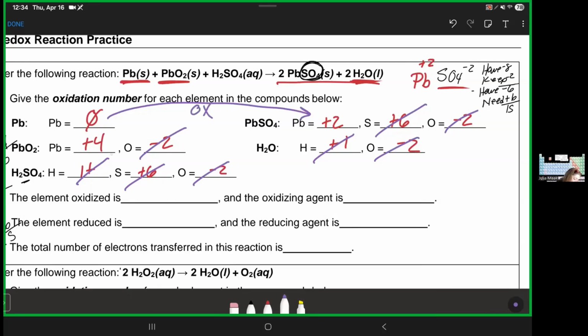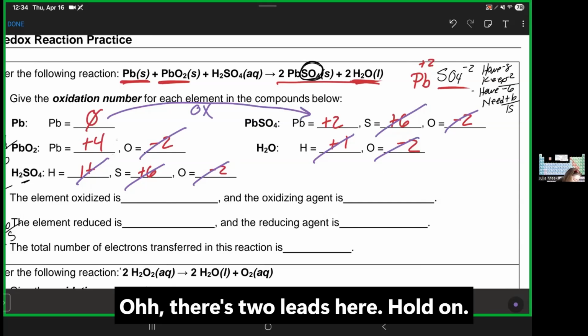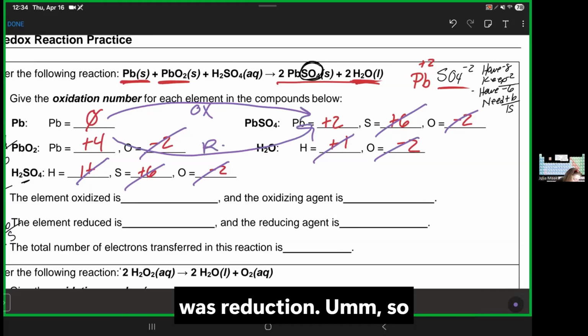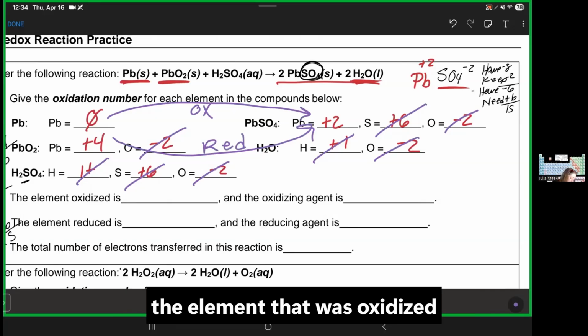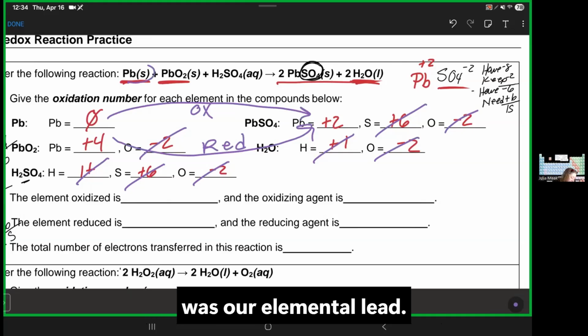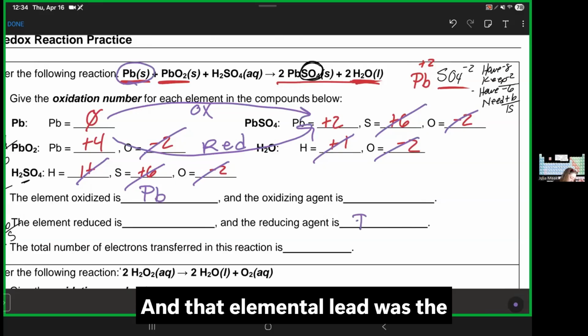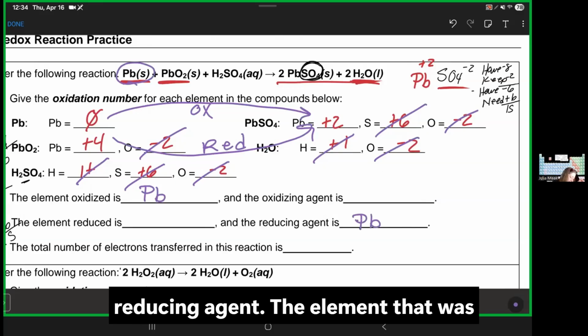Okay, so lead got more positive. Oxidation. There's 2 leads here. Hold on. So this lead got more negative. That was reduction. So the element that was oxidized was our elemental lead, and that elemental lead was the reducing agent.